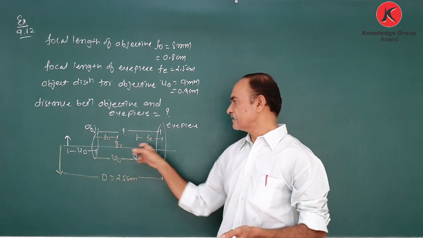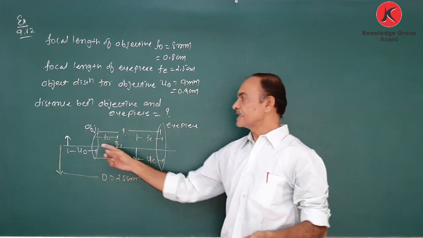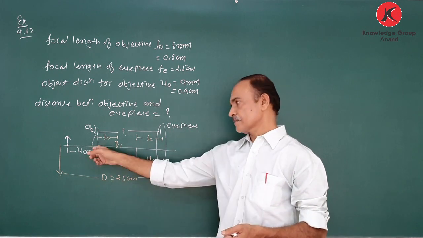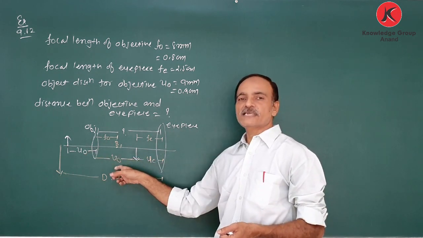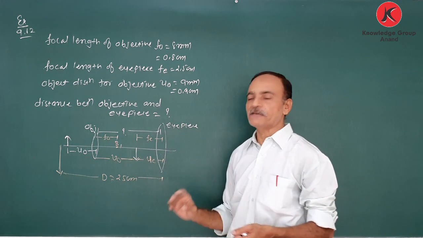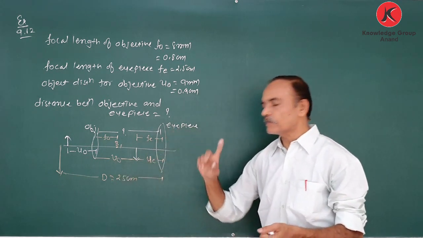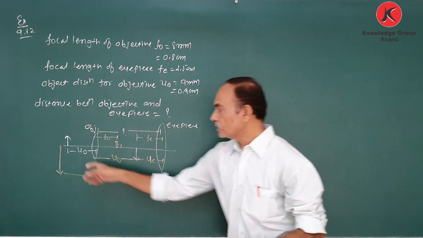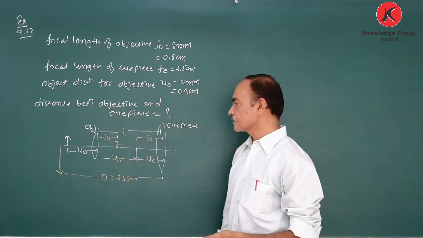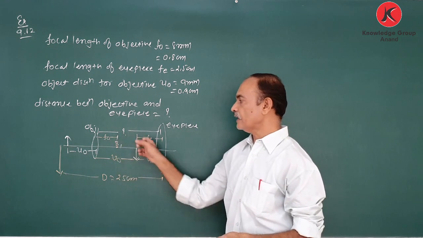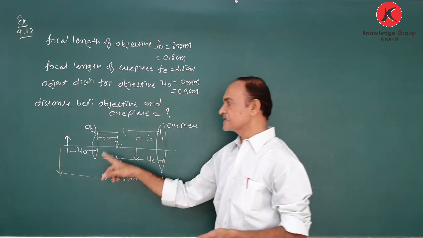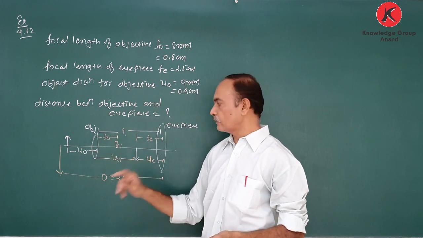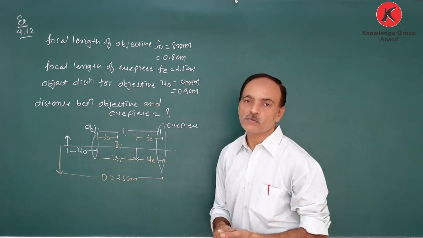There is objective, there is the eyepiece. The distance between the objective and eyepiece is equal to the image distance for objective plus object distance for eyepiece. The addition of V0 plus UE gives this distance. Now U0 is known, F0, FE known. So first we use the lens equation. F0, U0 are known, so we find out the V0.